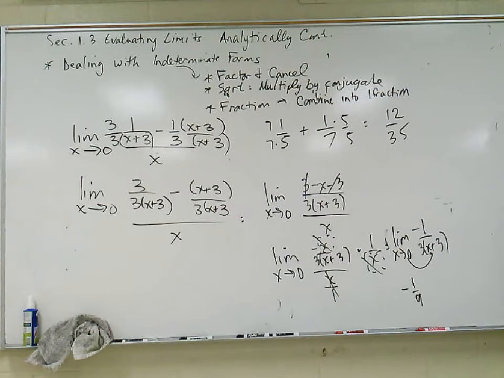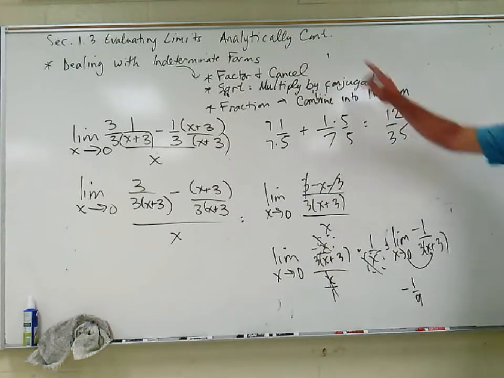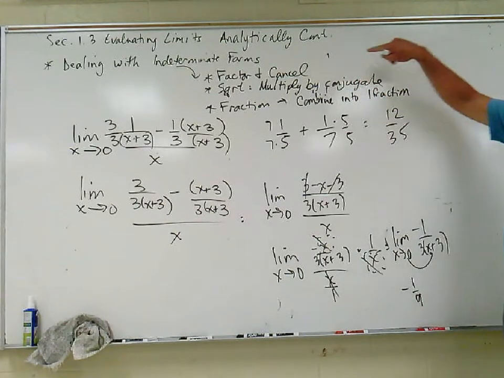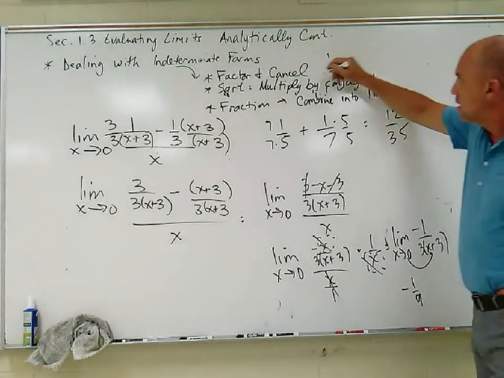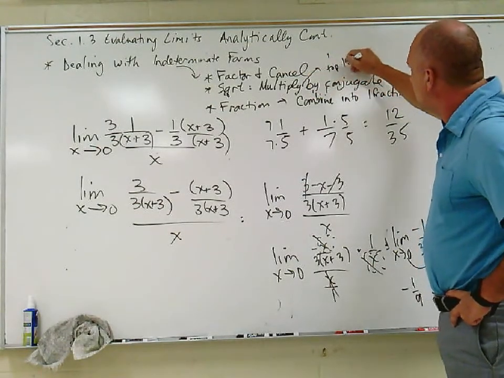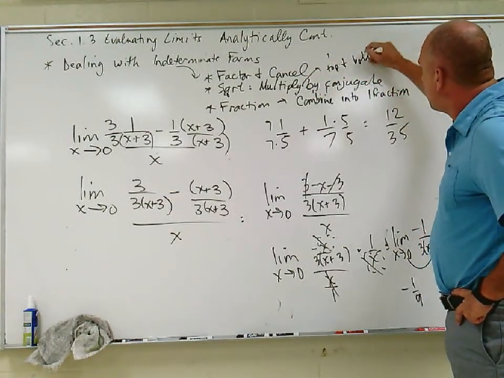Okay. And those are the 3 main methodologies you would get for eliminating a hole. Factor and cancel. If you have a square root, multiply top and bottom by the conjugate.